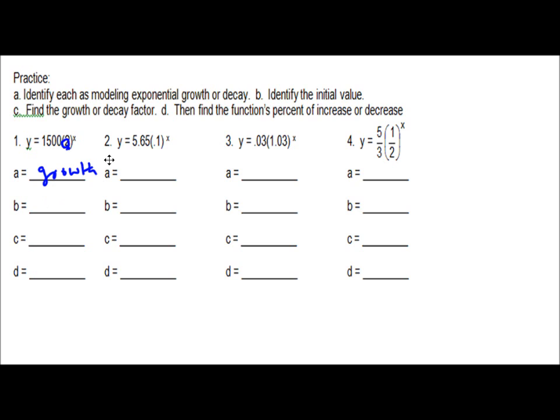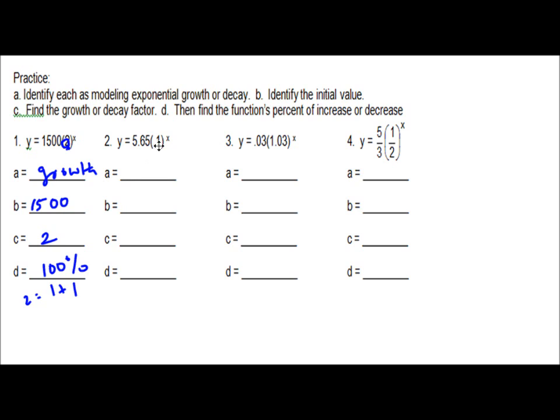Identify the initial value, which is 1500. And c is the growth or decay factor. It is 2 here. What is the percentage increase or decrease? It is 100%, because 2 is 1 plus 1. So this is the 100% increase we are talking about.